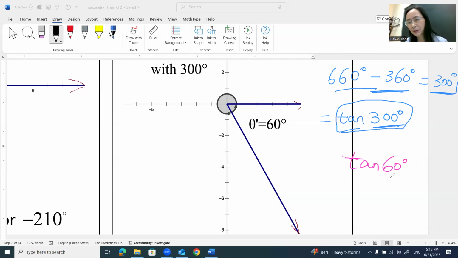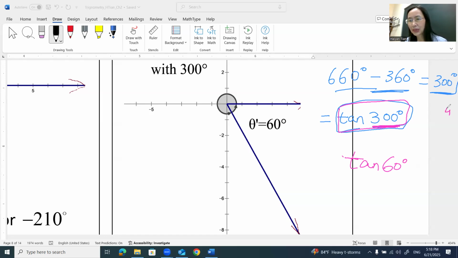However, 60 degrees is acute, right? So tangent value is always positive. But be careful, this 300 degrees is an angle in the fourth quadrant.